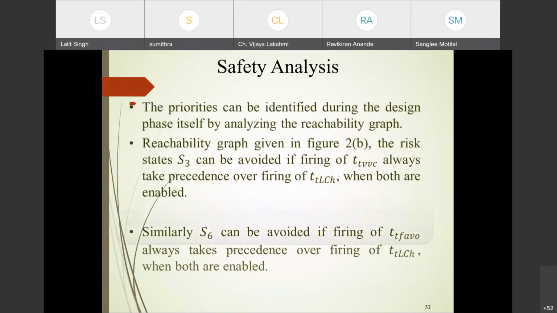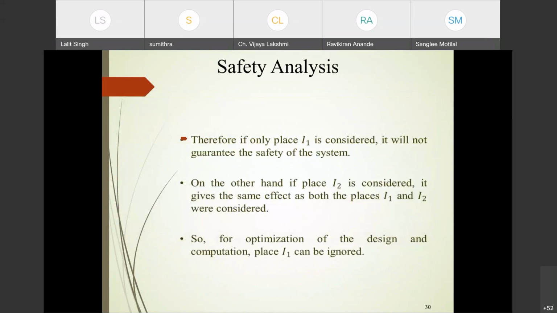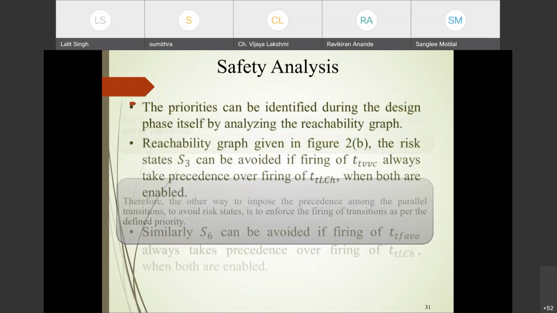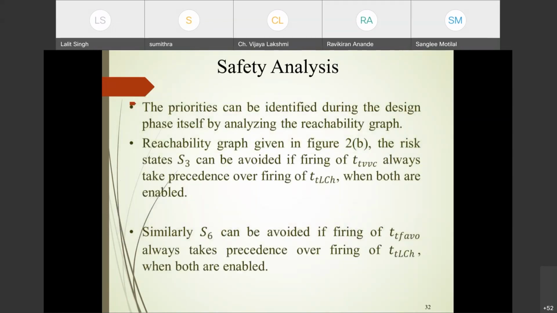Now let us look at the implementation part, how we can implement it, like prioritizing of the transitions. We know that a real-time operating system provides a feature to the application software through which we can prioritize the task. Therefore, the other way to impose precedence among the parallel transitions and avoid the risk state is to enforce the firing of the transitions as per the defined priority, right?